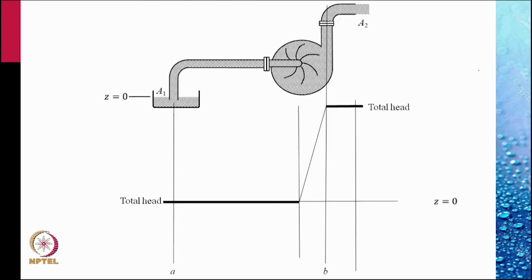So the total head is 0. And since along any streamline from here to any point within this pipe, we can apply Bernoulli equation, the total head remains the same at 0.